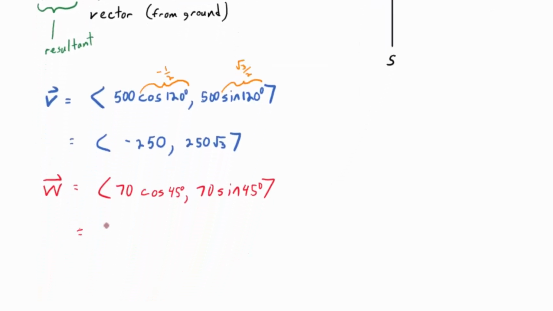Which we can simplify since both cosine 45 and sine 45 are what? Root 2 over 2, so what would that be times 70? 35 root 2, so both times, 35 root 2.